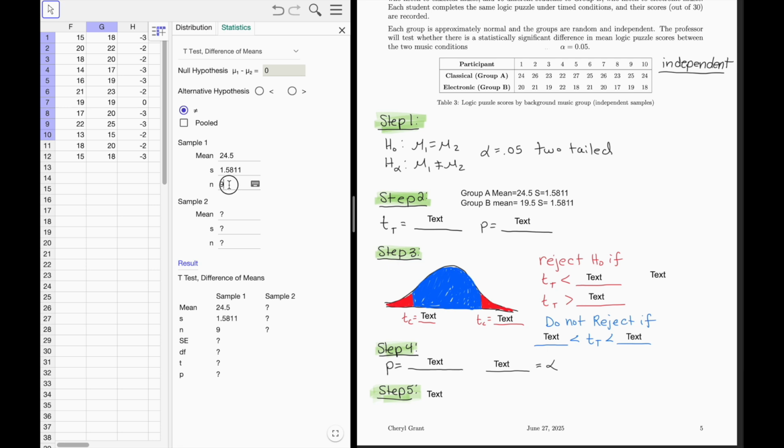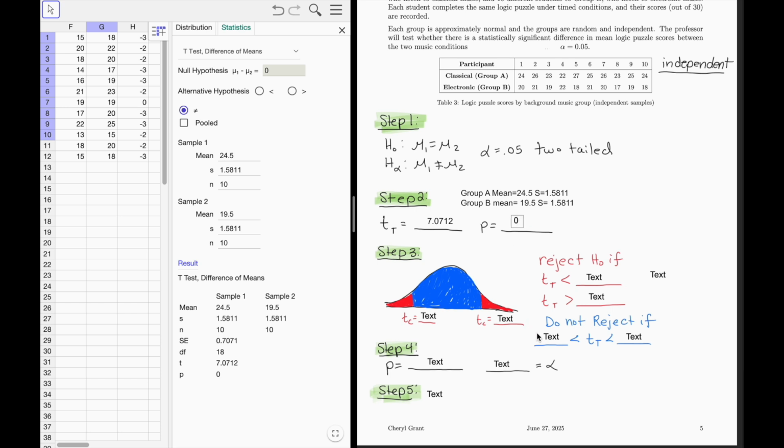And the sample size is 10. The mean for the second group was 19.5. The standard deviation is 1.5811. And the sample size again is 10. Once again, we have a test statistic that is large: 7.0712. Our p-value is again 0.